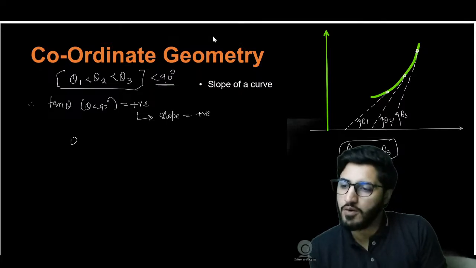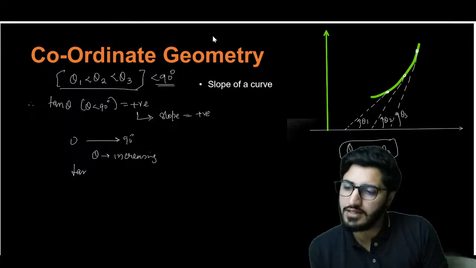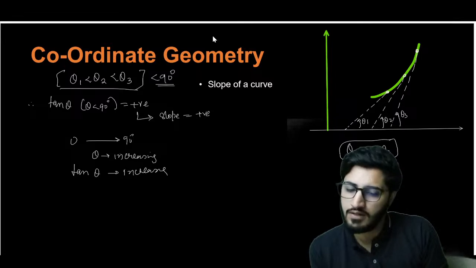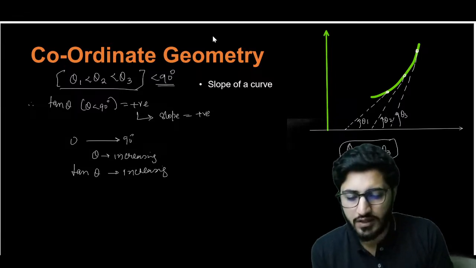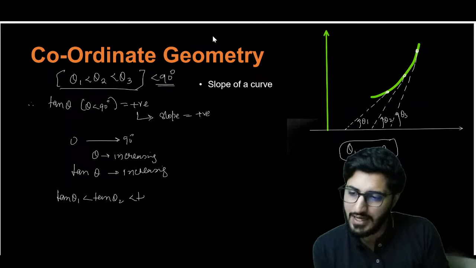And from 0 to 90 degrees, my theta is increasing. If my theta is increasing, I can write that my tan theta is also increasing. So you can write tan theta 1 is less than tan theta 2, which is less than tan theta 3.